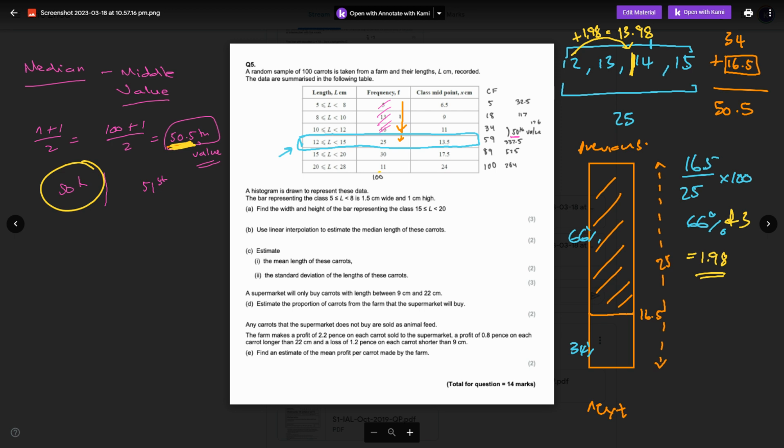So let's suppose I adjust this question and I say, okay, let's make it 50, which is exactly halfway.